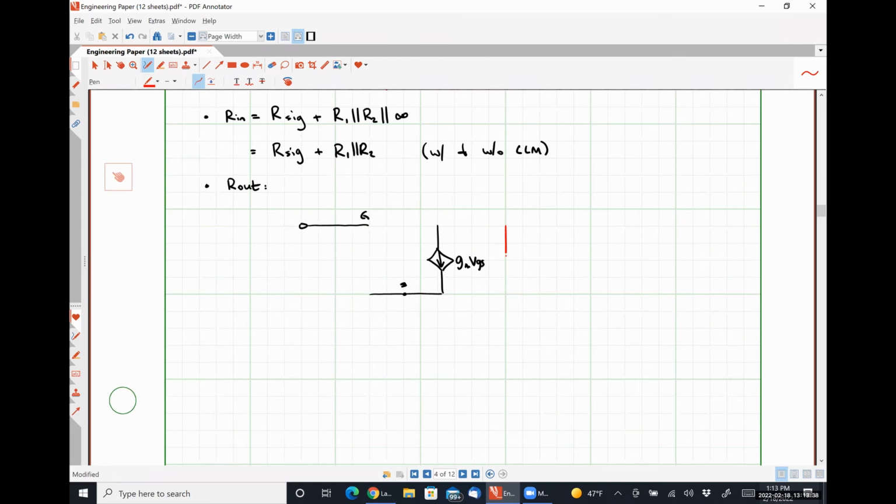I'm going to draw this in red because we are going to see what happens with and without it. Here's my drain. This is RD.